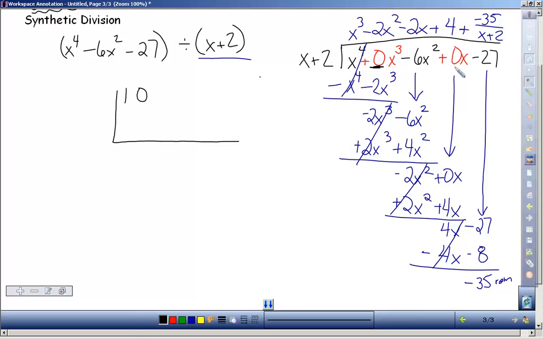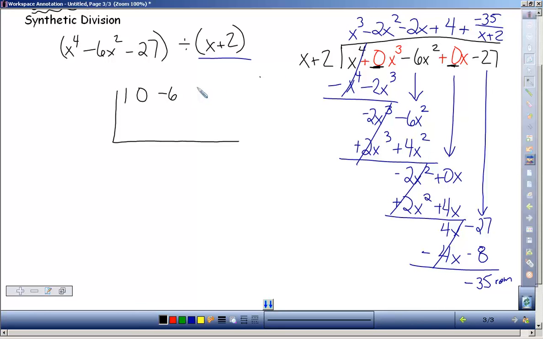Folks, these placeholders do still have to be there. In synthetic division, it's even more important, because if we leave them out in long division, we might notice that that's x squared and that's x cubed, and I can't add those together, and I can still get the right answer. But in synthetic division, if you leave the placeholder out, you add and multiply incorrectly, and it does change the answer. So make sure you include the placeholder coefficients.